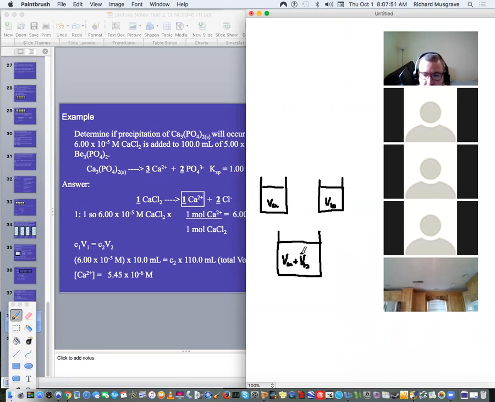And then maybe we'll get a precipitate or not. And by precipitate, I mean, maybe you'll see solid, maybe you won't see solid. That's what we're trying to figure out.